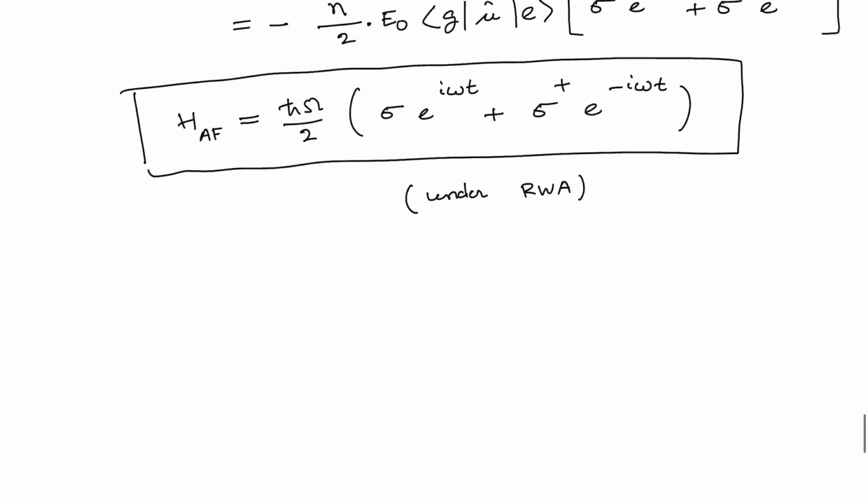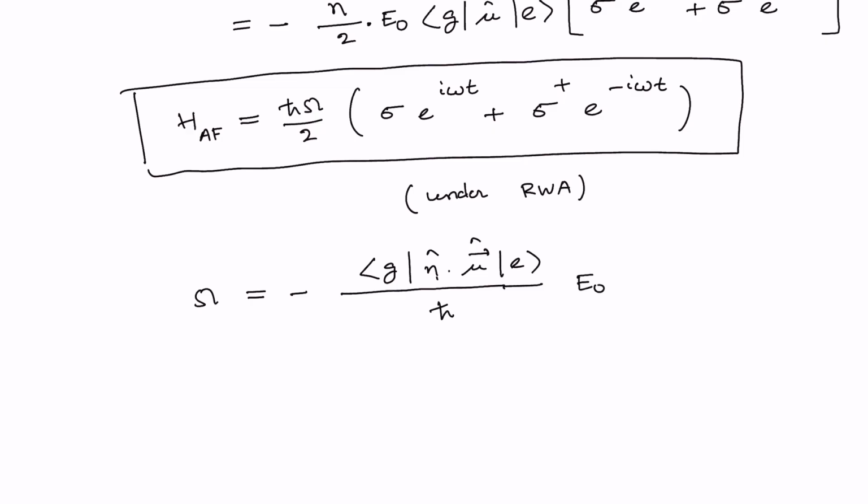Here, this omega is equal to minus the matrix element z eta dot mu. By the way, eta is associated with the classical field, the unit vector of the polarization direction, and mu is the quantum mechanical dipole moment operator. This is divided by h cross times E0.